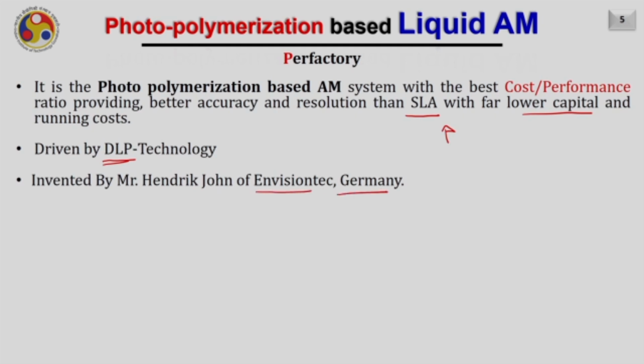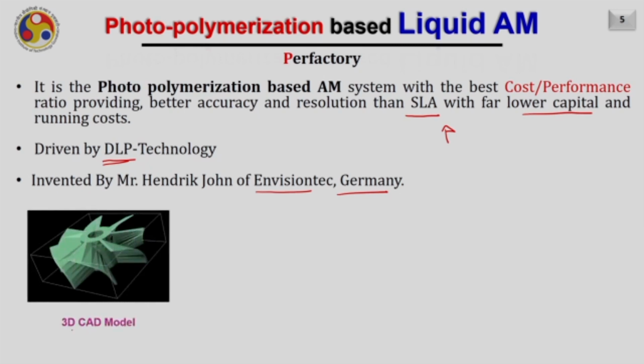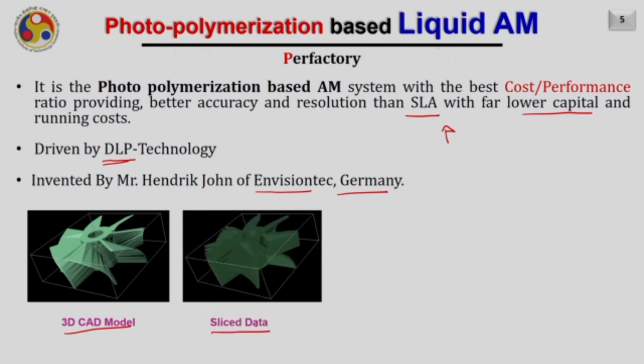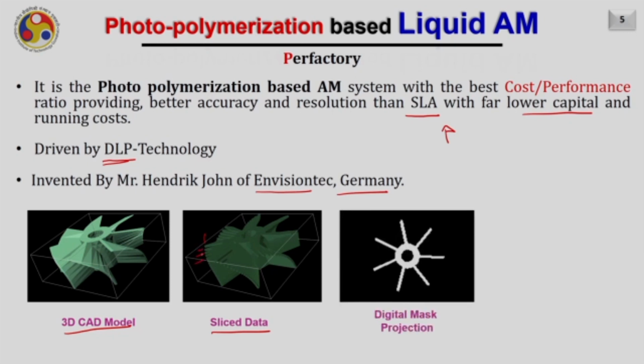The process works in a very similar way to other additive manufacturing processes. We start with a 3D CAD model and then we slice the object. As you can see here, these are the contour data. Then each contour data is converted to something called a digital mask. So what is a digital mask? Assume that this area, from here to here and here to here, consists of a lot of mirrors.